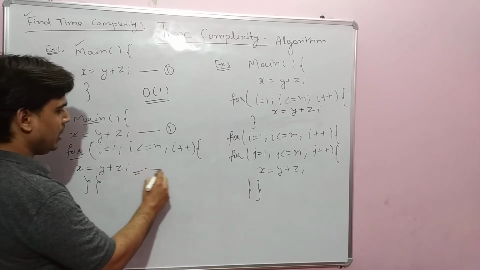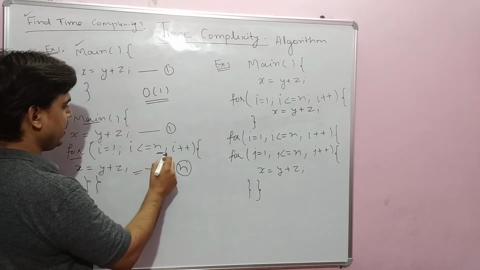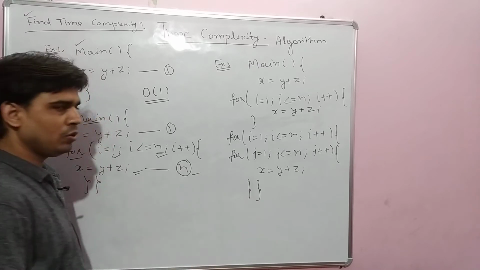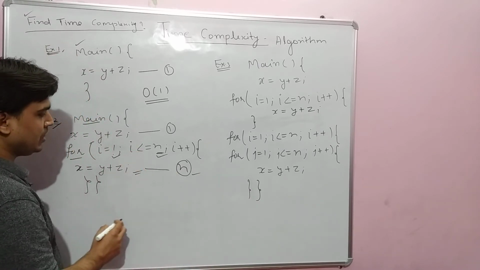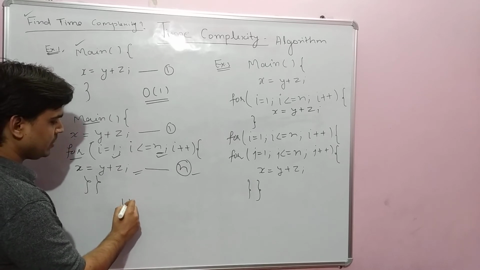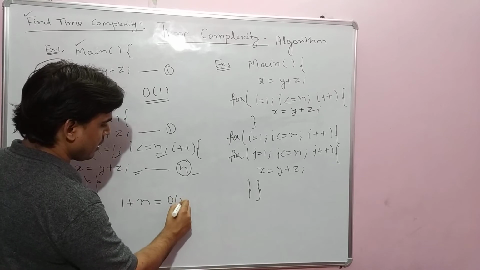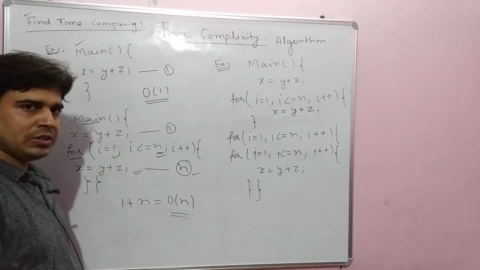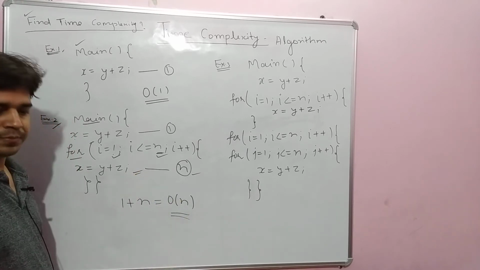This statement will execute n times, since the loop runs from 1 to n. So what is the time complexity? 1 plus n, so it would be order of n. The time complexity of this program would be order of n.